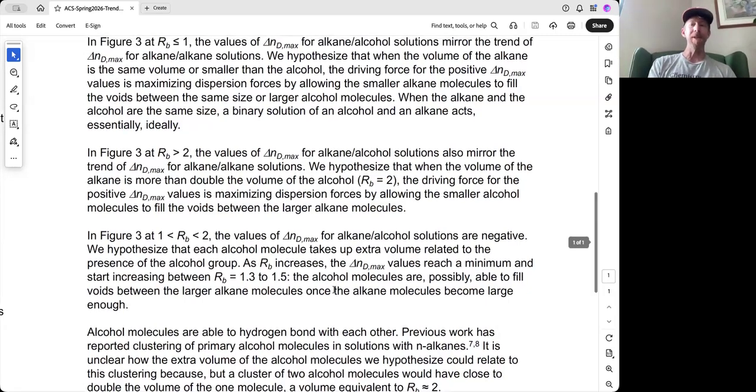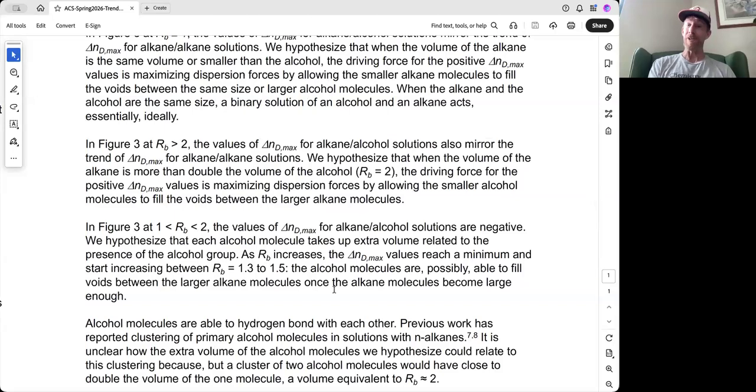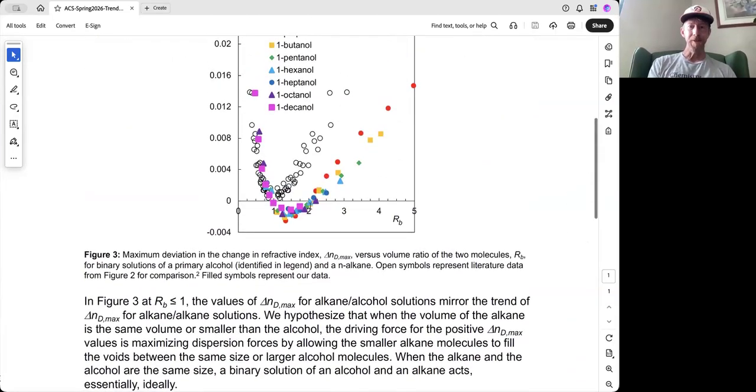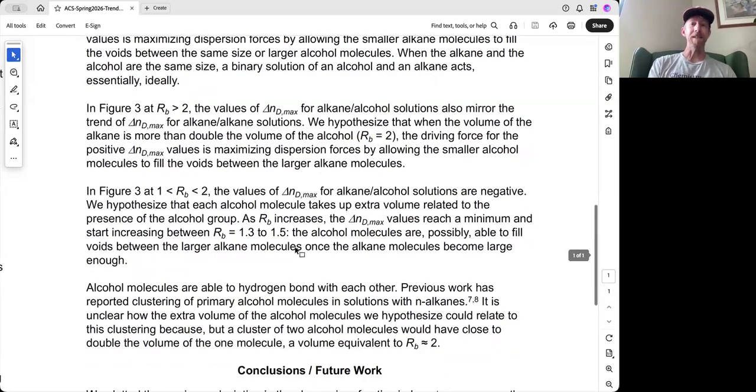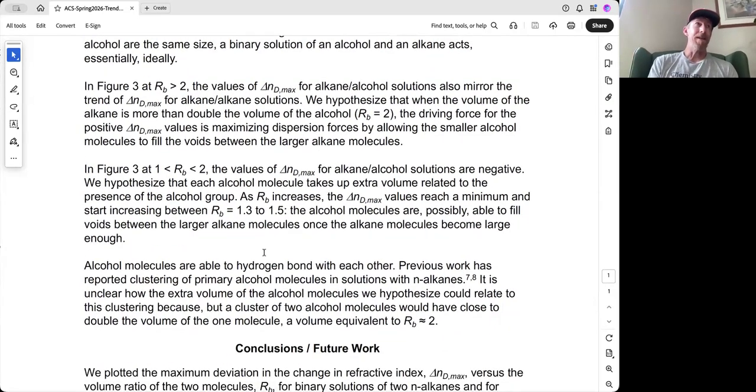And what does large enough mean? Well, it depends on the alkyl chain length. But you can see here, eventually they do start going back up again. And we don't know. All we can hypothesize is that that's true. That's our guess. And that's fun.